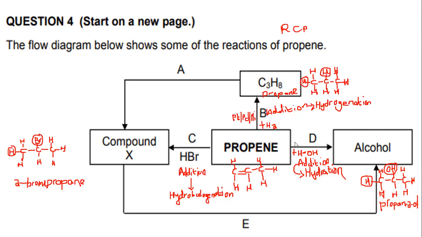And remember I said to you, when you form an alcohol, you will always require heat, and you will require sulfuric acid, which is H2SO4. And we know the function of H2SO4 is that it acts as a catalyst.